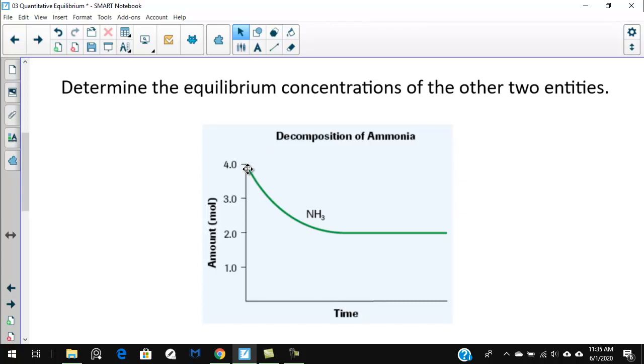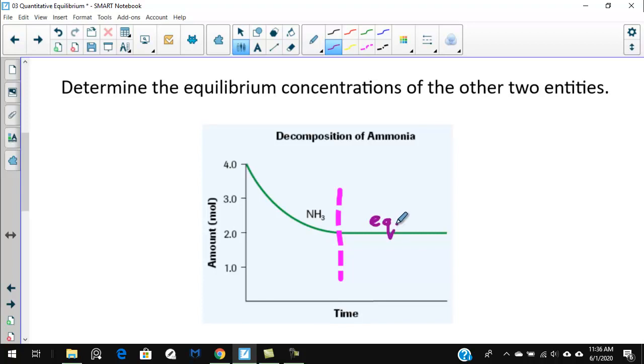The ammonia is used up over time, and then it slowly levels out, and we know that we've reached equilibrium when the graph levels out, because macroscopically at least nothing's changing from this point forward. So this is the point that's at equilibrium, and before that the reaction was shifting to get to this equilibrium point.